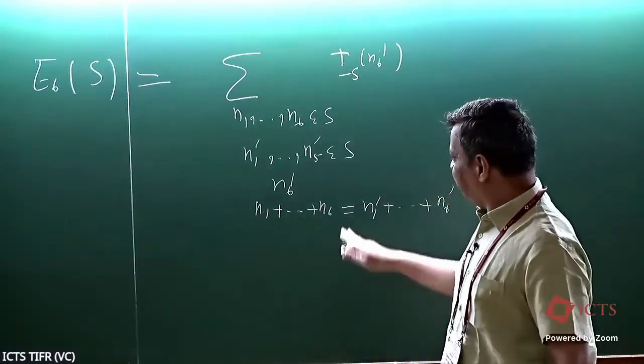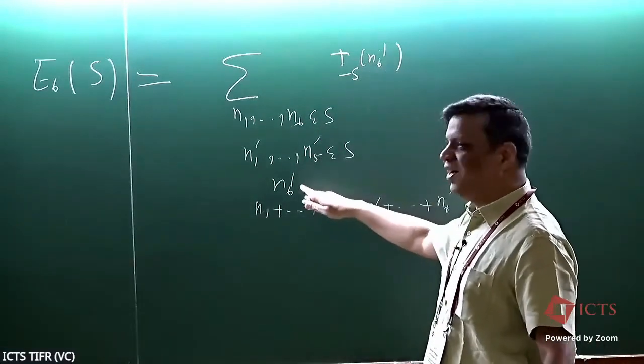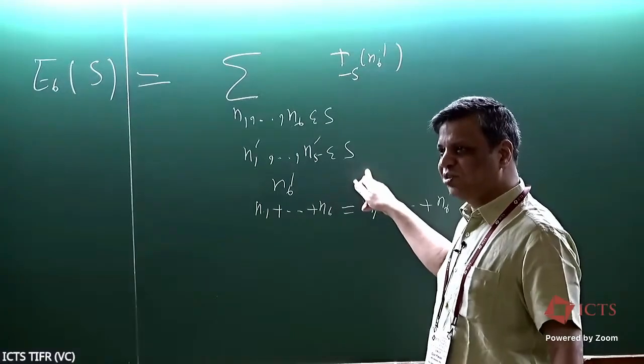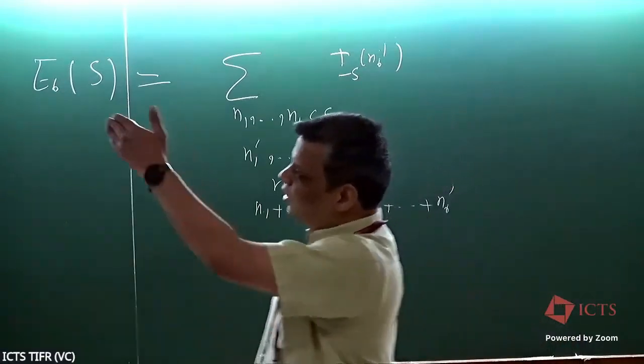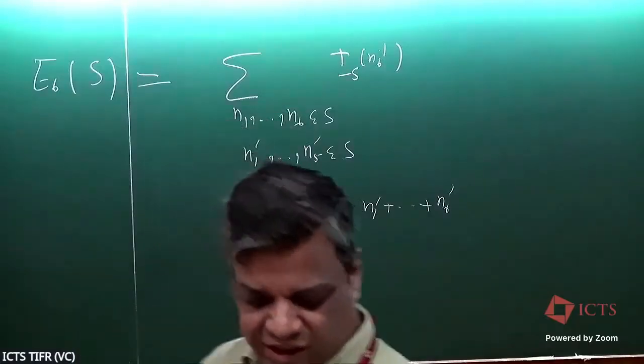Okay, I could remove this and then write down that indicator of Nx prime also belongs to S, but I don't want to do that because I want to utilize this inequality.